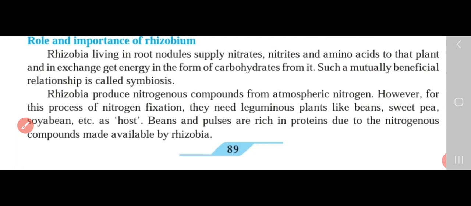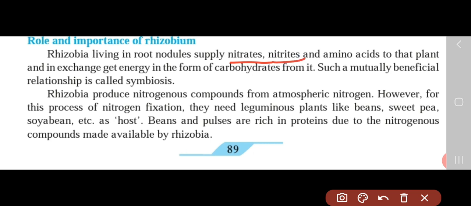These are given to the plant by rhizobium bacteria. And in exchange, they get energy in the form of carbohydrates from the plant. Such a mutually beneficial relationship between plant and rhizobium is called symbiosis.